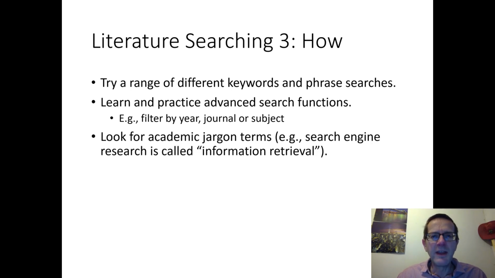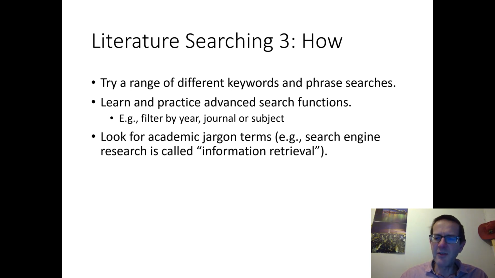And also be on the lookout for academic jargon terms to describe your topic. For example, search engine research isn't called search engine research, it's called information retrieval. So the best query for search engine research would be information retrieval.